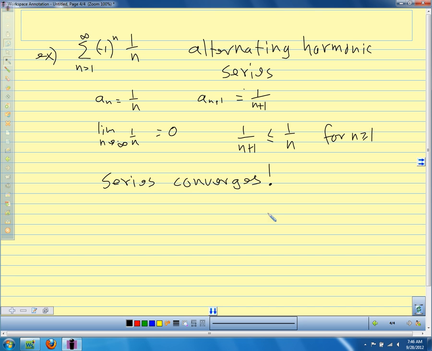But we know the sum from n equals 1 to infinity of the absolute value of this, which is just the harmonic series, diverges.